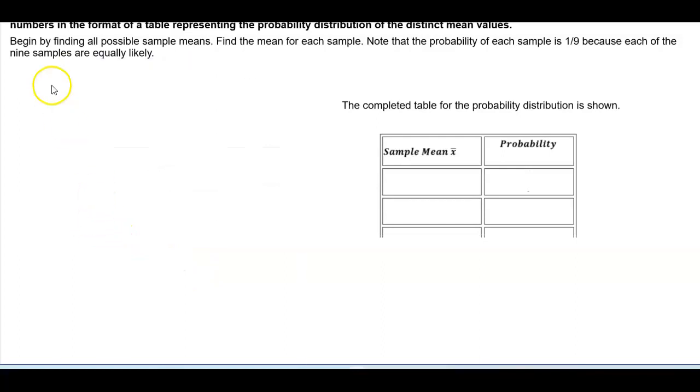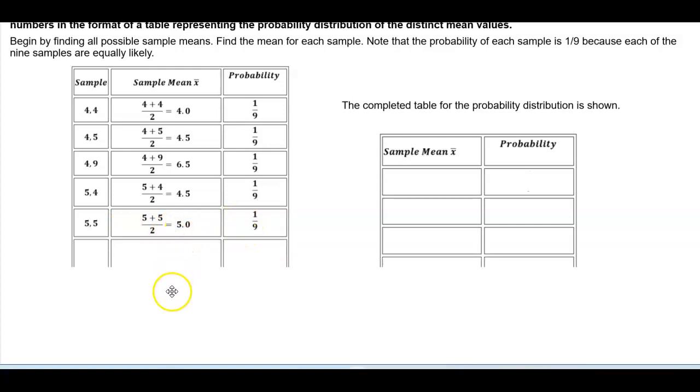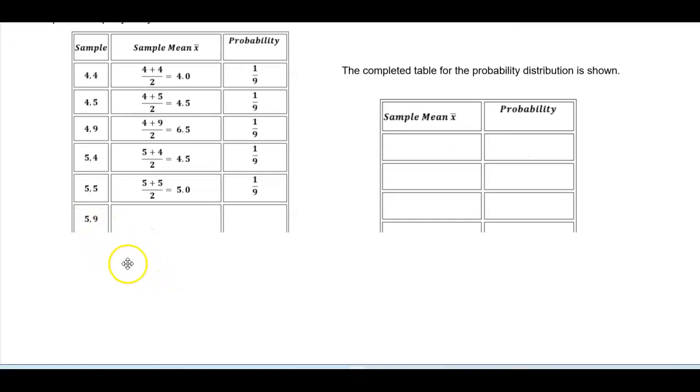Next we have 5 and 5. So we're going to take 5 plus 5, divide that by 2, that gives us the mean, which is 5.0, which that probability is 1 out of 9. Next we have 5 and 9. 5 plus 9 divided by 2 gives us 7.0, and the probability of that happening is 1 out of 9.